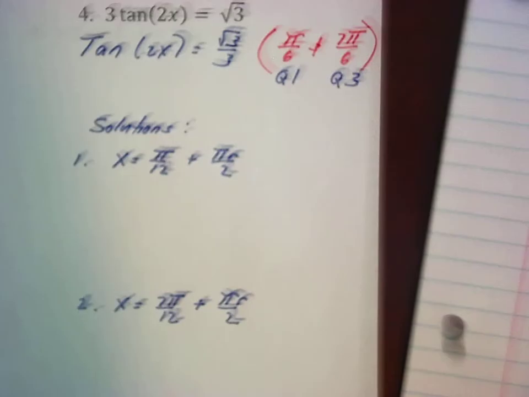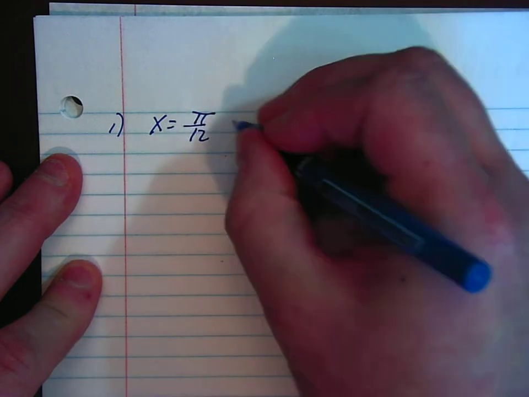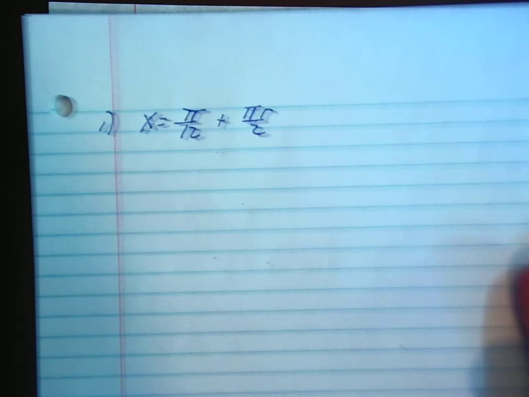I'm going to write these on line paper though. So this is problem number 4 on worksheet 2. So the first answer was pi over 12 plus pi r over 2.